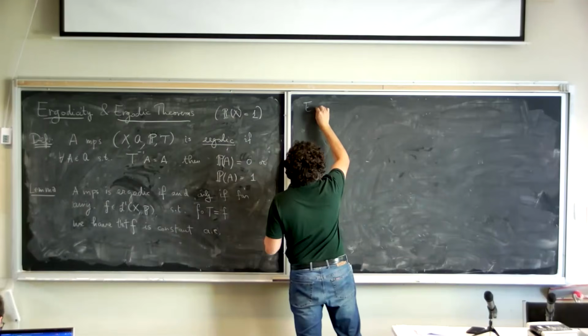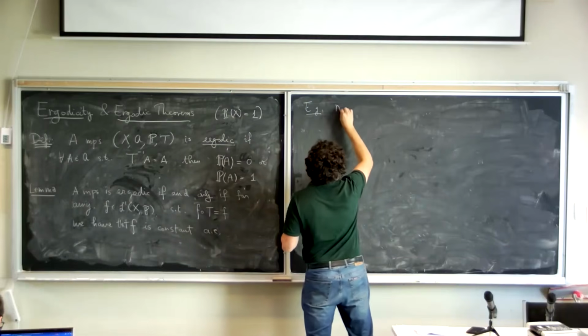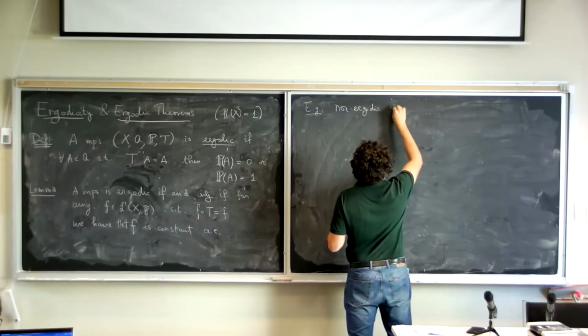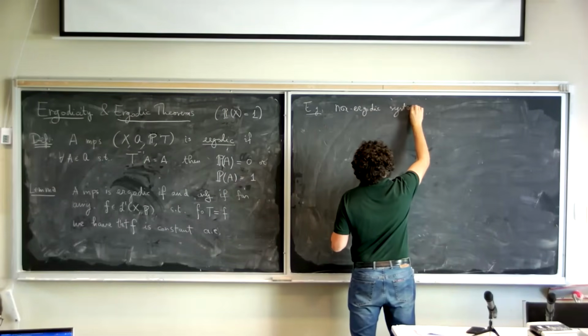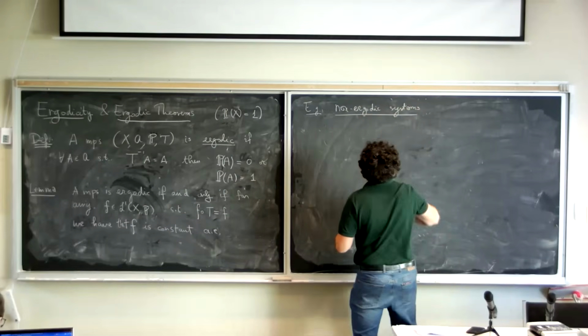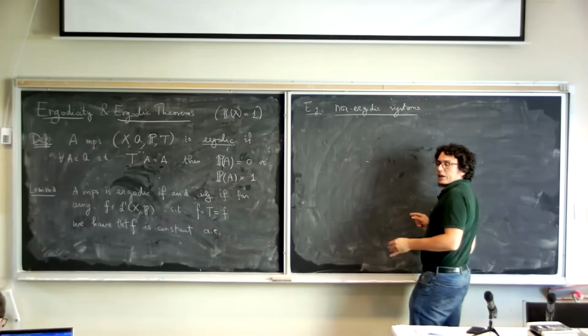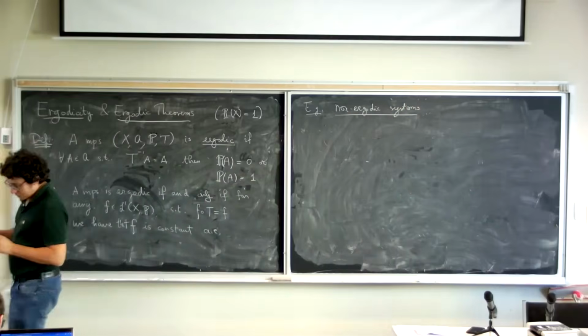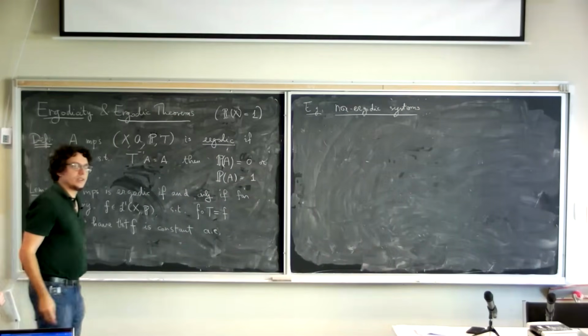Let's see some simple examples of non-ergodic systems. A system that is not ergodic could be a system that has several components.